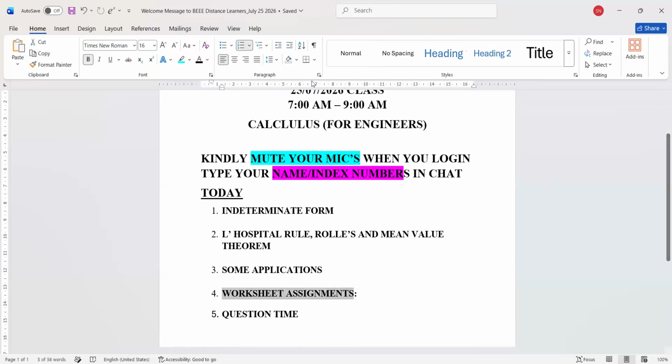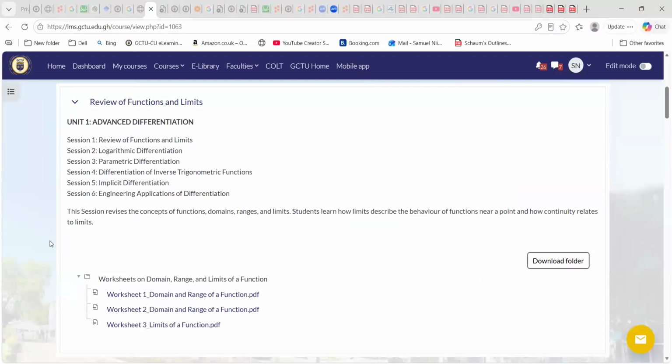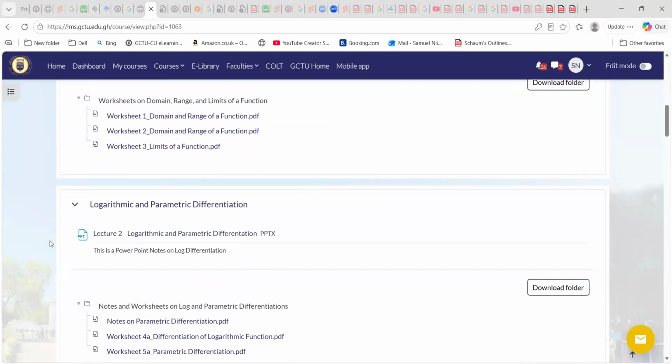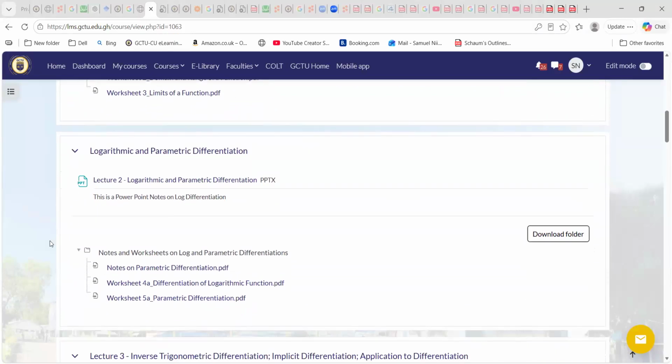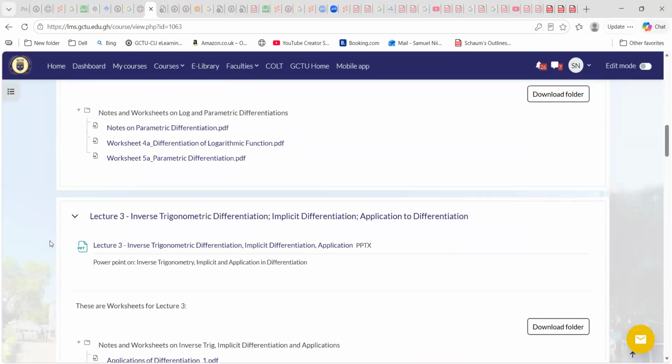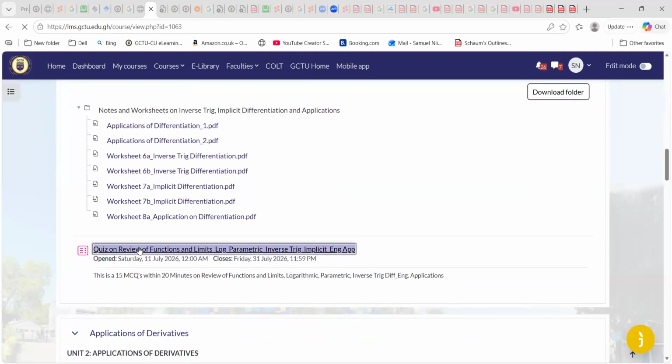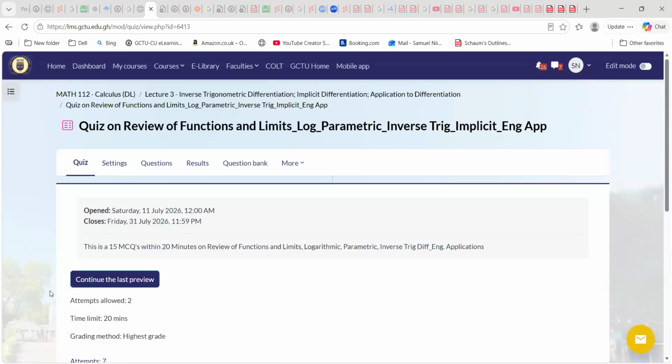Now, I just went to the LMS a few minutes ago to check whether you are accessing it. Last week, because it was supposed to be self-study, I uploaded 2 quizzes in there. I realized that for the first one, 7 people have attempted it.